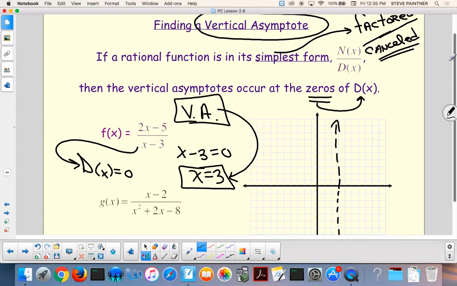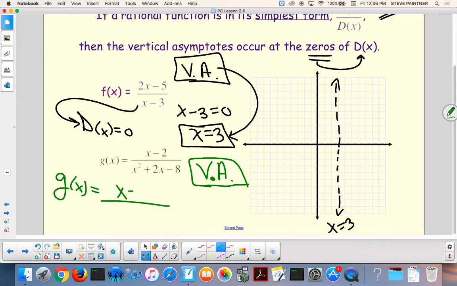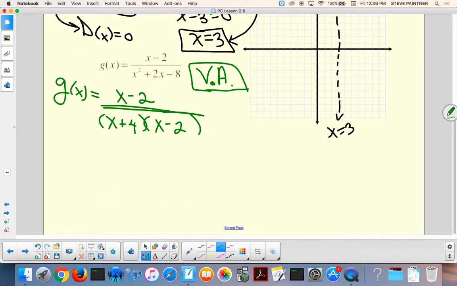So do this, then do what I just did. So the top could not be factored, the bottom could be factored.